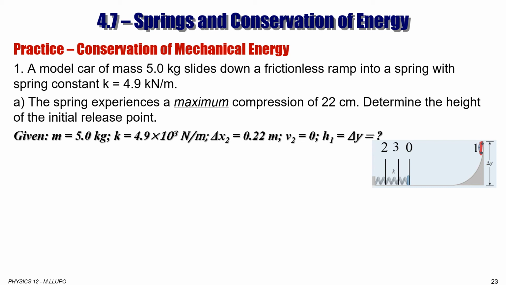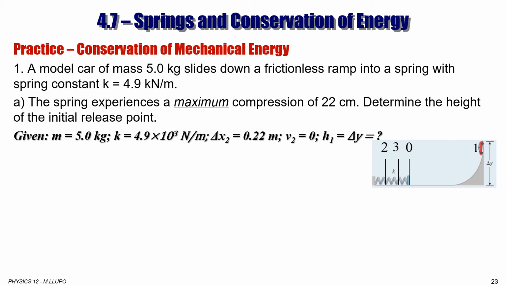So what I have here, we have a mass, we have spring constant, we have displacement, which is a maximum displacement at point 2. And since that is a maximum displacement, speed at point 2 is 0. So that means the kinetic energy at point 2 is 0. So what we're looking for is a height at point 1, or what we label here as the delta y.